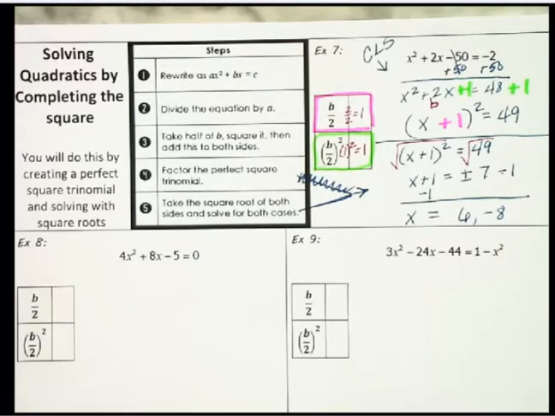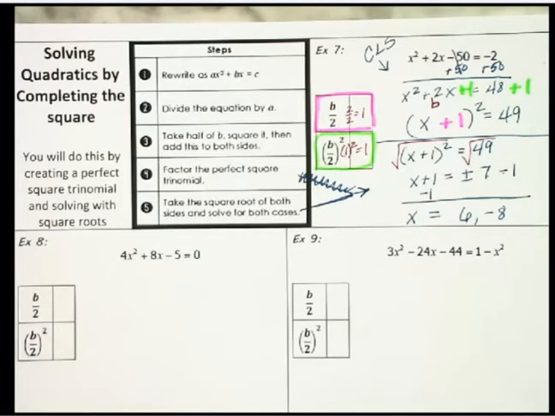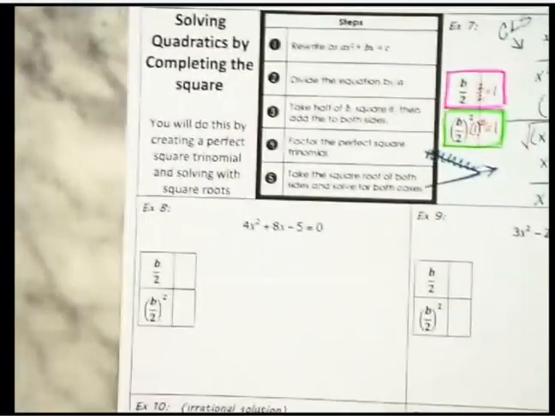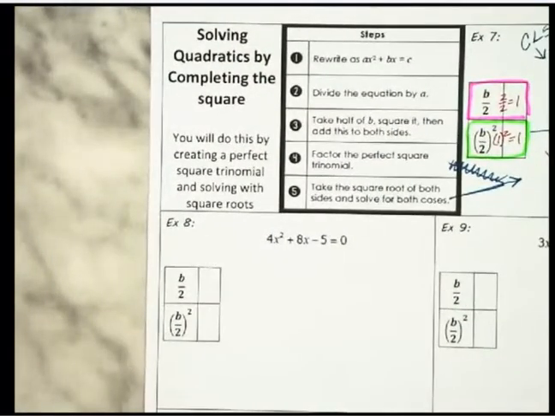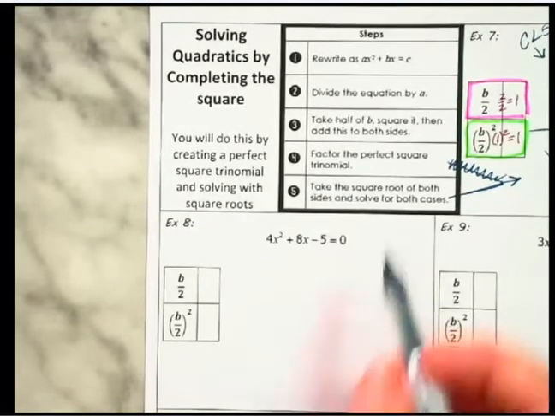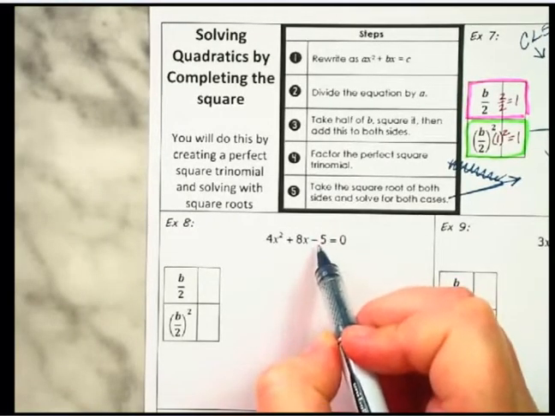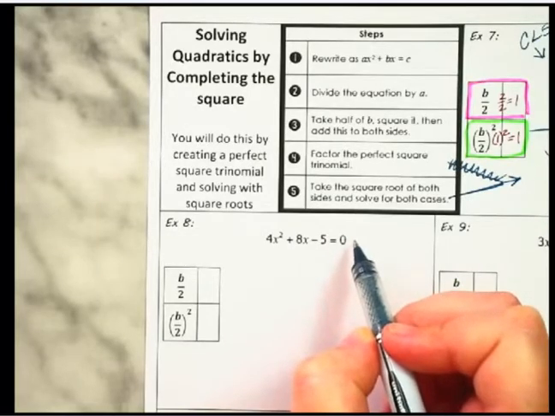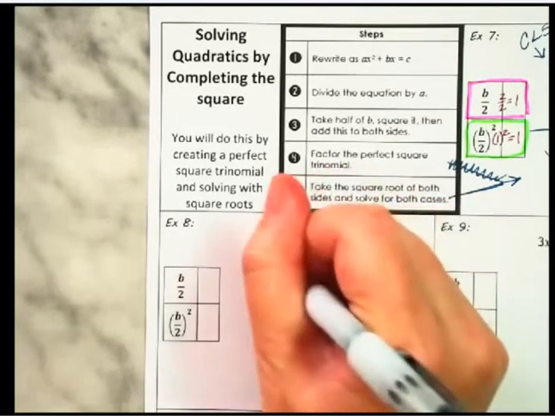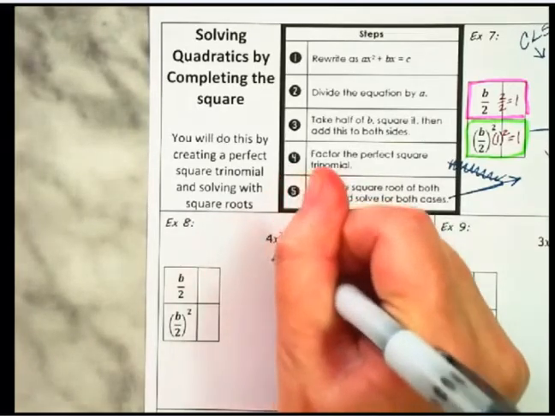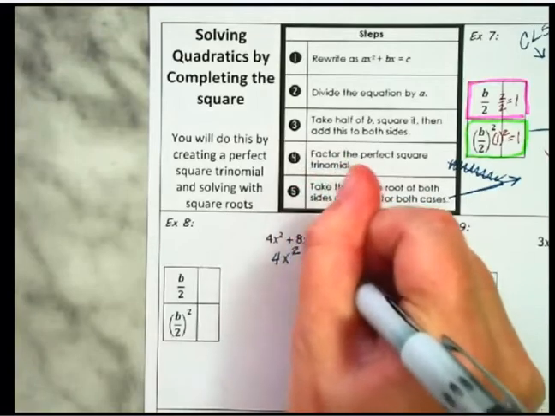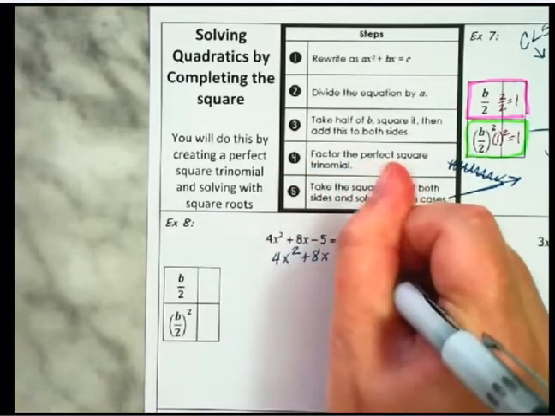Whew, that might have been a little complicated, but that's okay. Let's do some more examples until we get more comfortable with it. So example 8. First step is to move over any constant terms away. Okay, so I'm going to do that. 4x squared plus 8x equals 5.